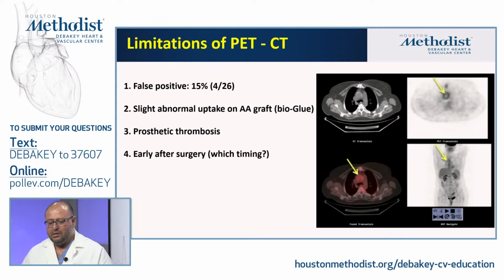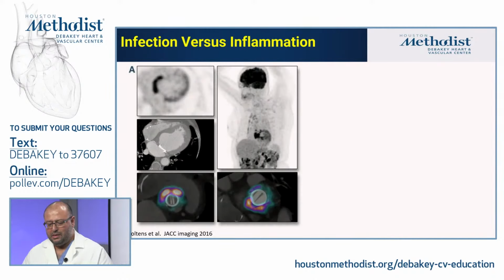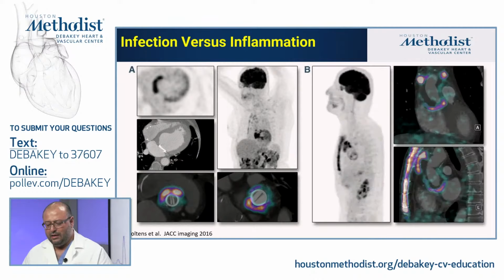So the biggest concern that we have when we do this is infection versus inflammation. Here I'm showing you one example which is very clear, where there is focal heterogeneous uptake, and this is way more concerning for infection. On the other hand, now I see more diffuse uptake, and this is actually from a publication in JACC Imaging, in which the authors commented that this patient actually had an allergy to the bioglue.